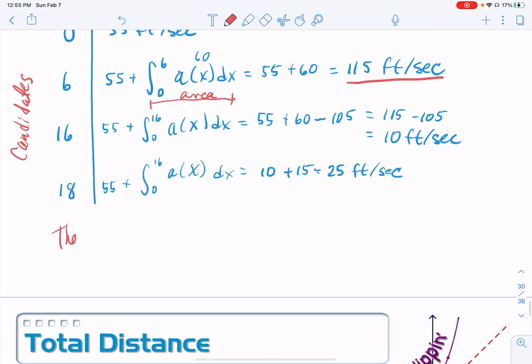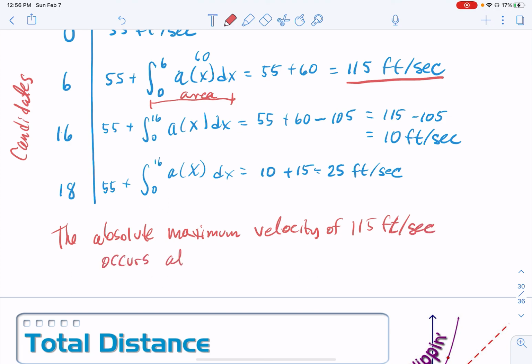So the absolute maximum velocity of 115 feet per second occurs at t equals 6 seconds.